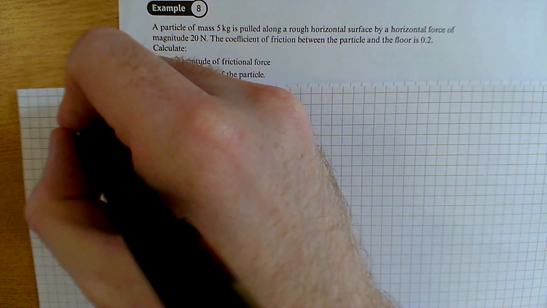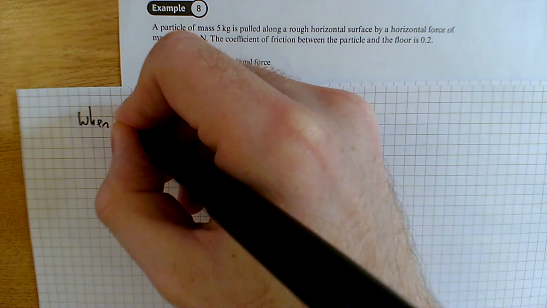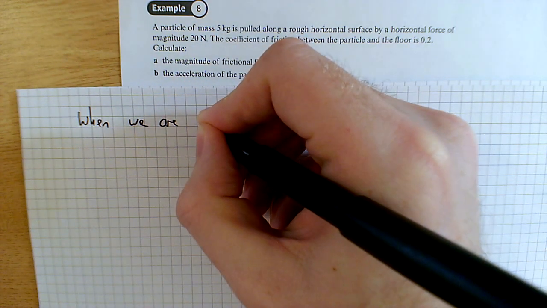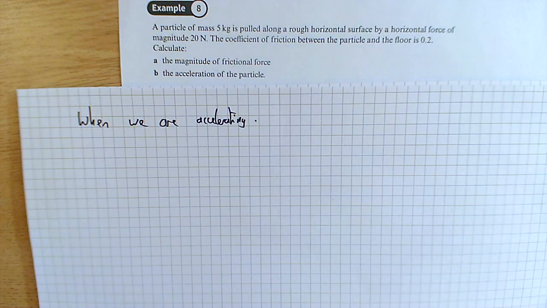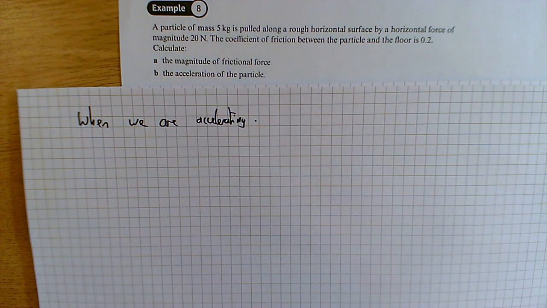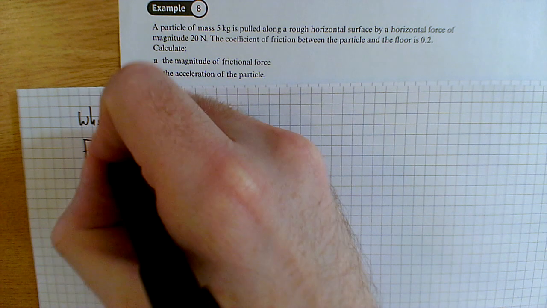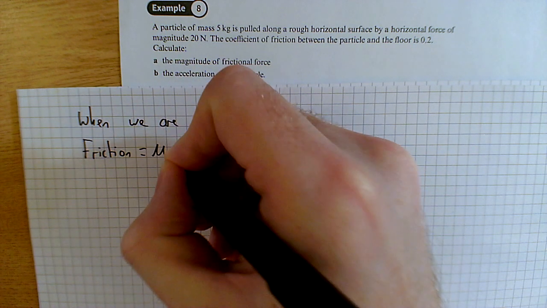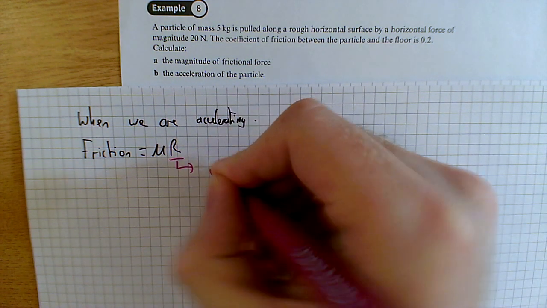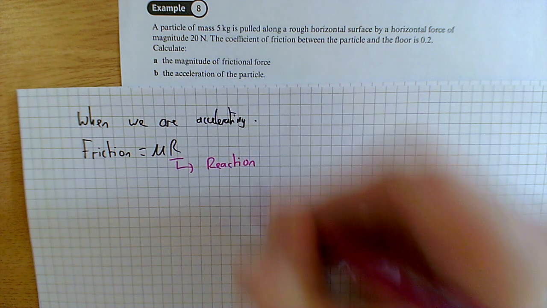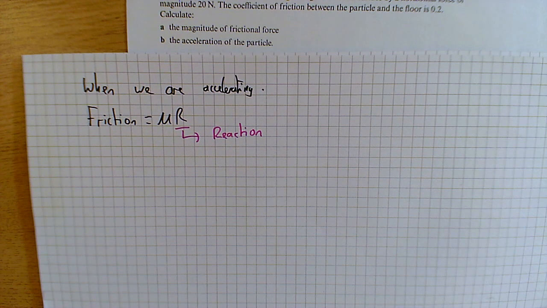So when we're moving, and this is important, or I should say when we are accelerating, so that is when the forces are unbalanced and you're moving in a certain direction and friction is just a resistance, we have that friction force is equal to mu times R. So here we have that R is the reaction between the surface, that's the R force that we've been familiar with throughout. So that basically will take into account the weight of the object, so it's how much force acts on each other, because obviously a heavier object is going to make it harder to push along, so it's going to offer more of a force.